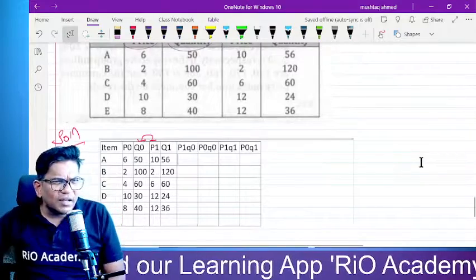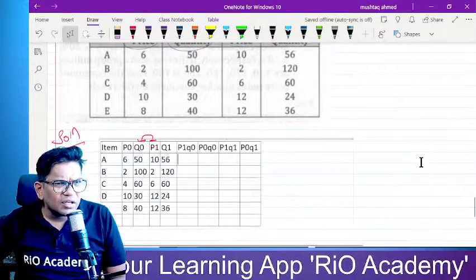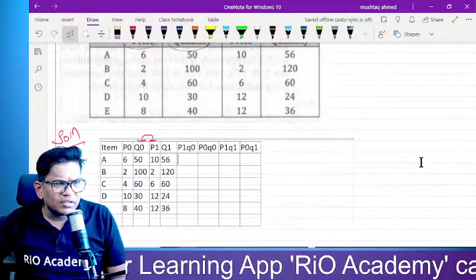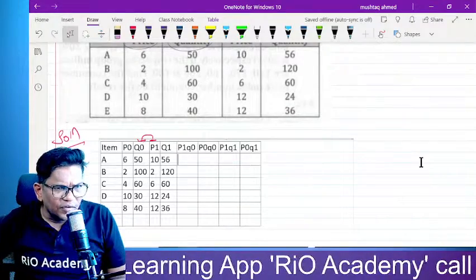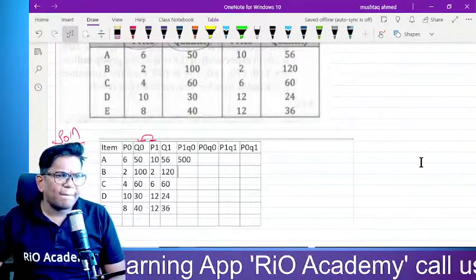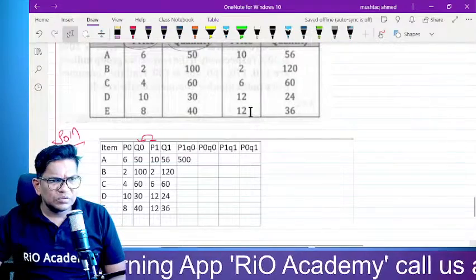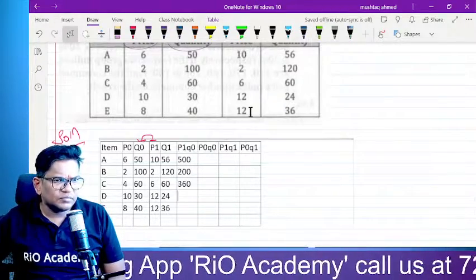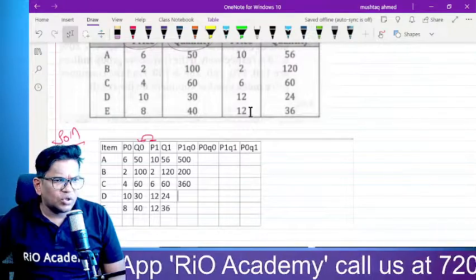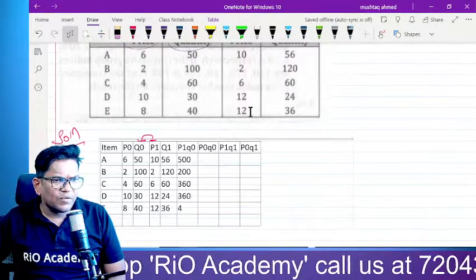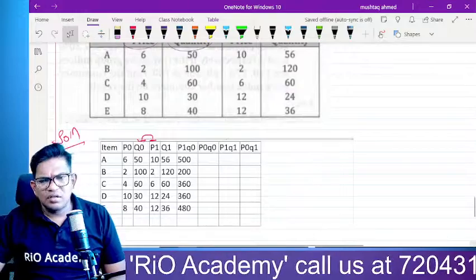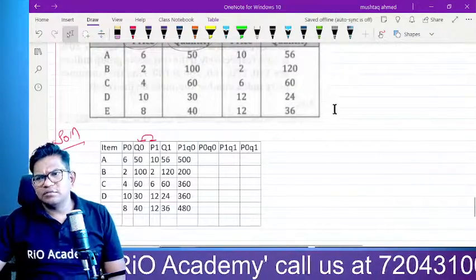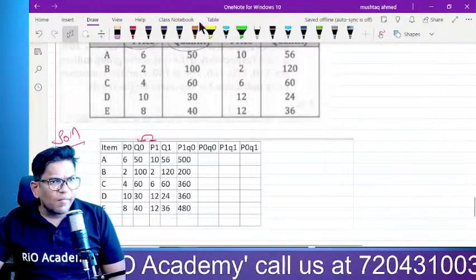P1 Q0, sir. 15 into 100 is 1500. 200. 200, 360. 360, 480, I guess. 360. Yes, add this all.